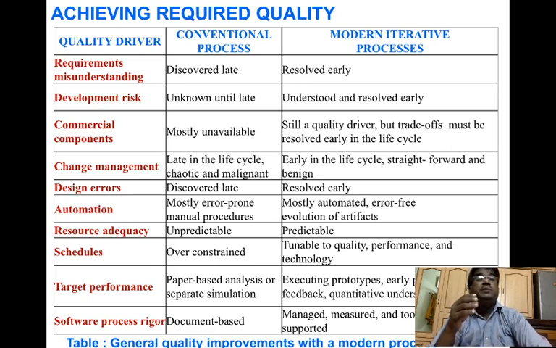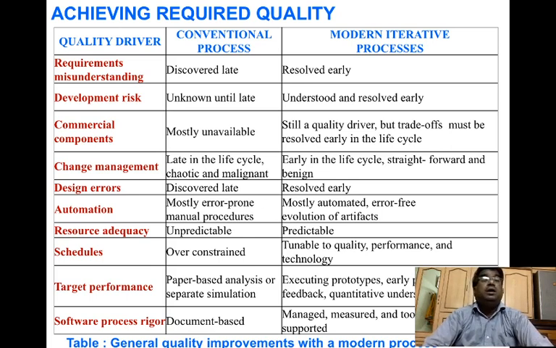Change management means any management activity, for example all of a sudden you want to change cost or schedule or any requirement. That is very difficult in the conventional process, but in modern practice it is possible. Then design errors: all design errors are discovered late in conventional, whereas in modern it is easy.